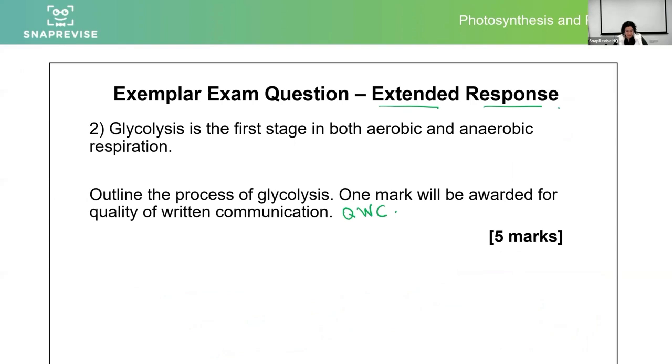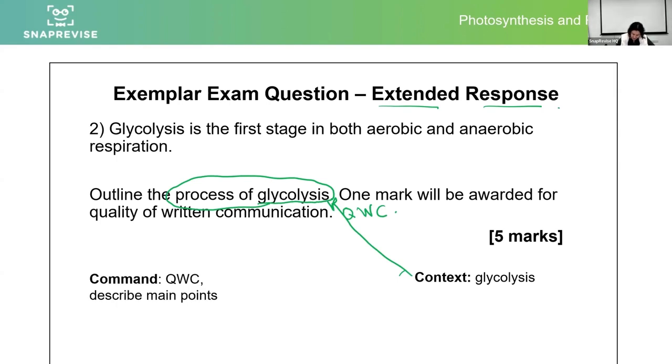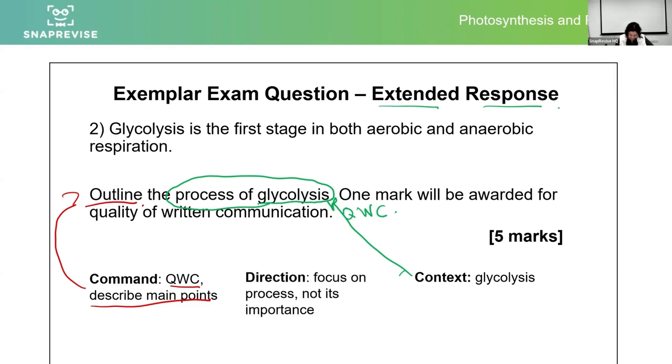So outline. Let's break down our question. What is my context? My context is that I'm looking at the process of glycolysis. What is my command word? To describe the main points, my command word is outline. There's also clarity of communication, of course. And finally, what is my direction?